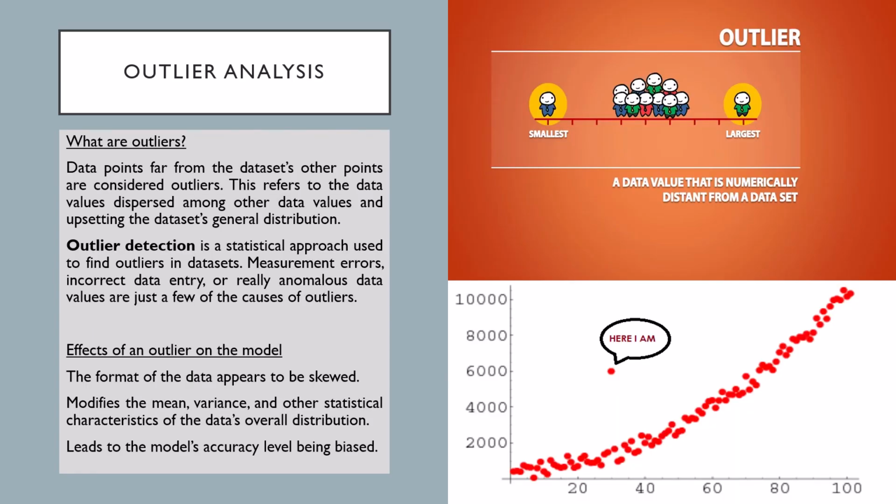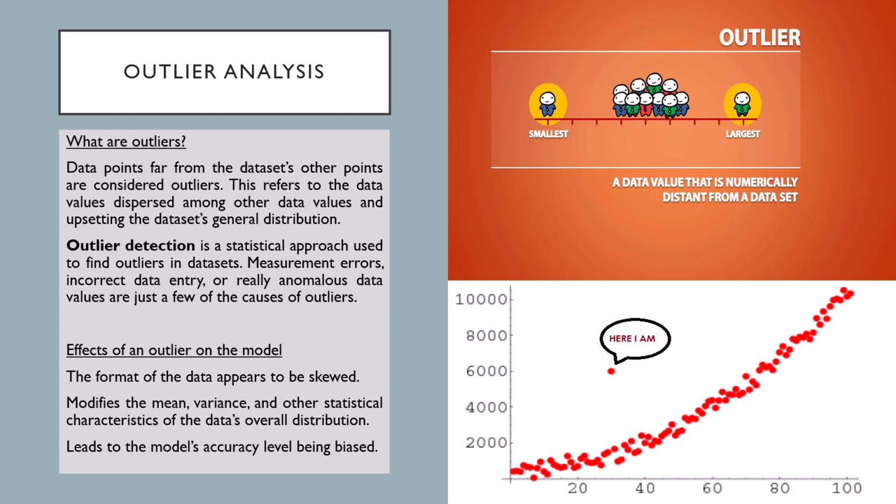So outliers are data points far from the data set's other points. This refers to data values dispersed among other data values and upsetting the data set's general distribution. Like it distorts the distribution of the data.